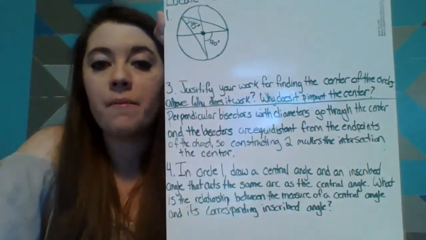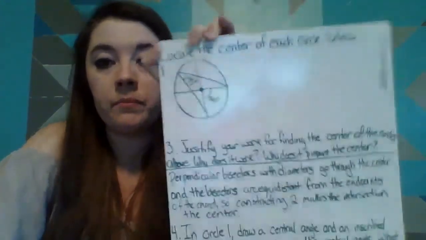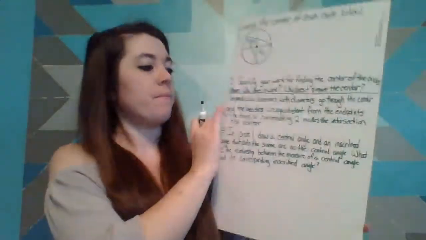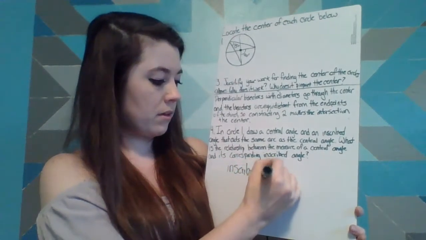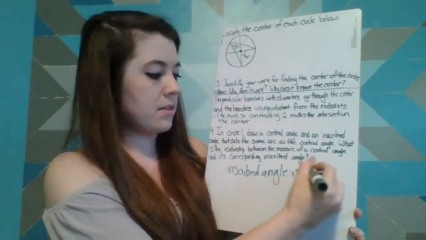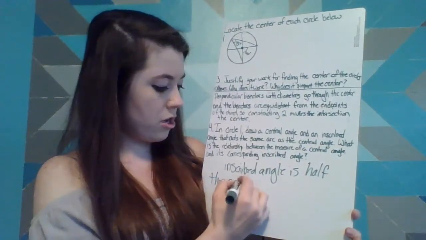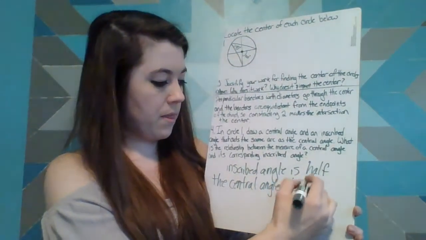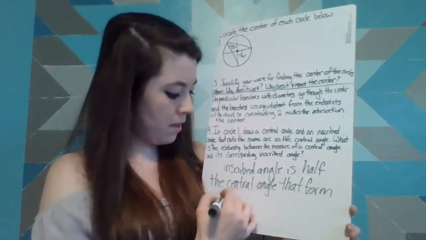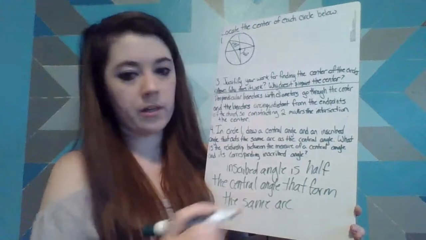So how do we go from having 90 degrees to 45 degrees? What's the relationship? Ooh, falling board. It's half. So the inscribed angle is half the central angle that forms the same arc.